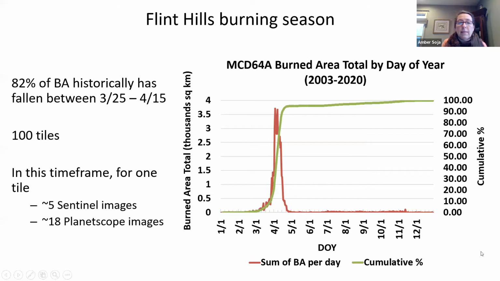So if we look at this landscape between March 25th and April 15th, that is the time that defines 82% of the burned area historically. So we think we'll get a good picture of these fires. And the data from high and very high resolution data are available. Next slide, please.